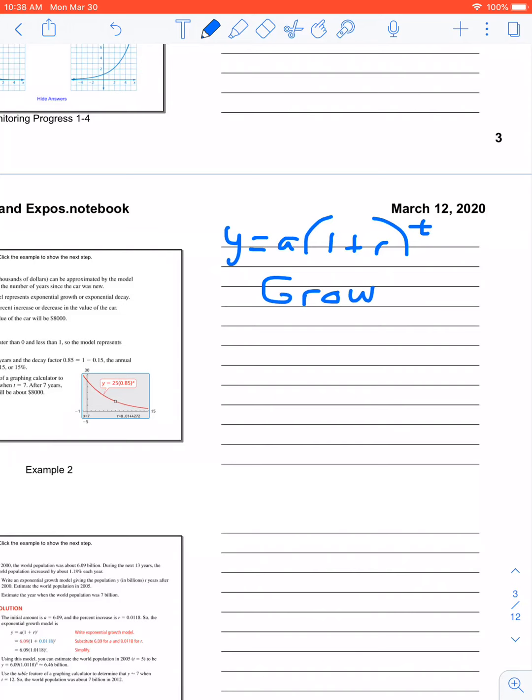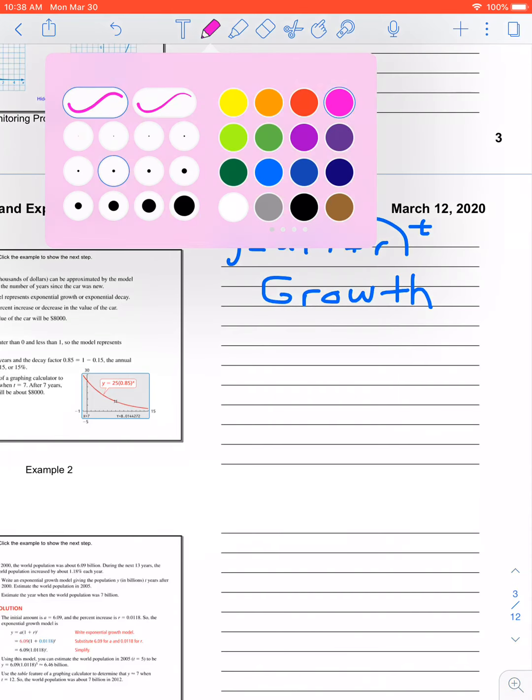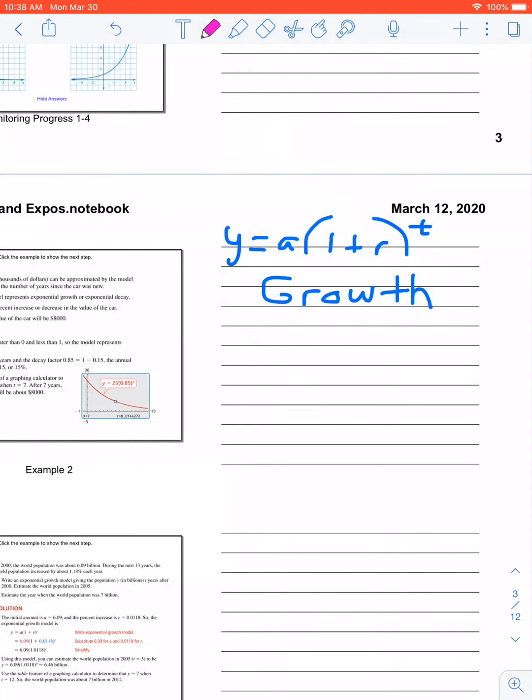So when they're talking about something getting bigger or growing, that's the equation you're going to use, the 1 plus. But when they're talking about decaying, so let's say the value of a car. When you buy a car, it depreciates pretty quickly. So that equation would be y equals a, parentheses, 1 minus r to the t. So that would be our decay equation there.